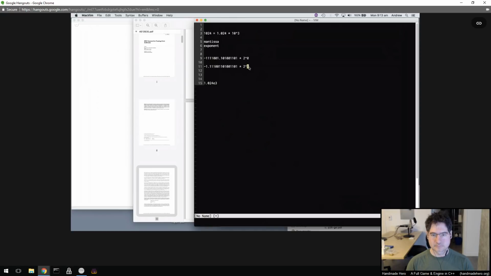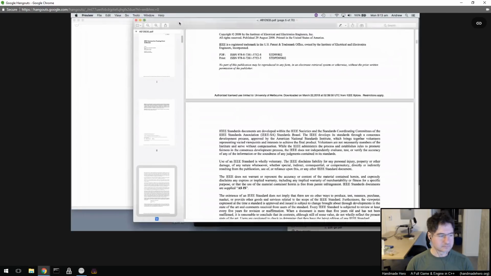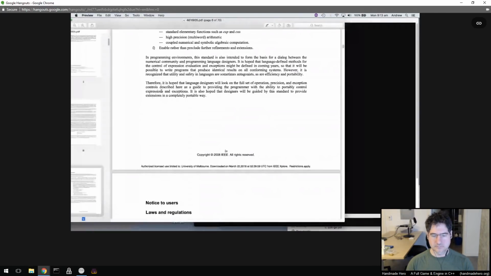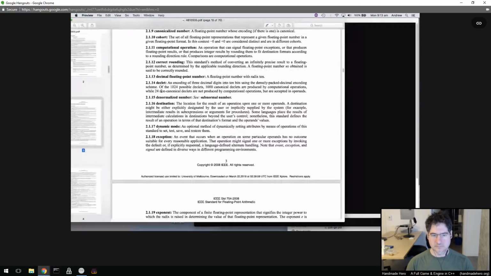The obvious number that can't be represented in this way is 0, and that's a very important number, and we'll deal with that in a minute. But most numbers can be represented this way. And the way we do it in IEEE floating point is we pack these into bits in the following way. I've actually got the standard here, so I can show you.